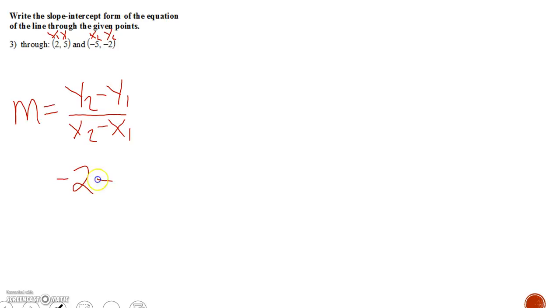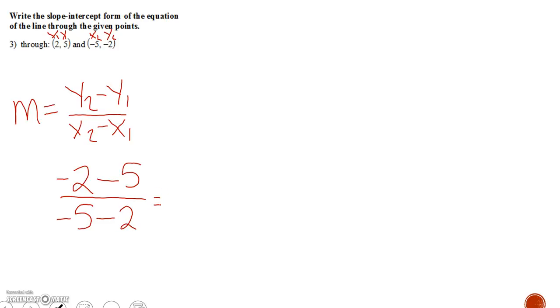So in order to find the slope, we're going to go back to our slope formula, which was that first formula we talked about. We have our change in y divided by our change in x. So we're going to substitute these values in. Our y2 is a -2 minus our y1, which is 5, divided by our x2, which is -5, minus our x1, which is 2.